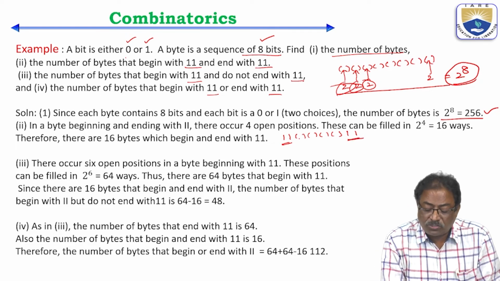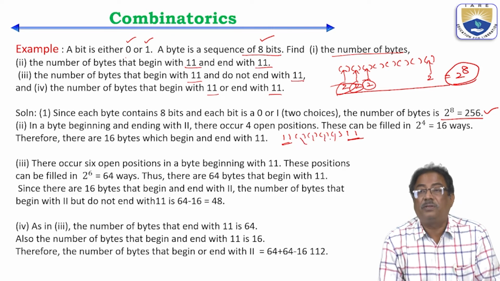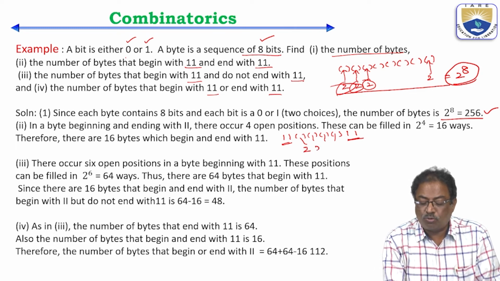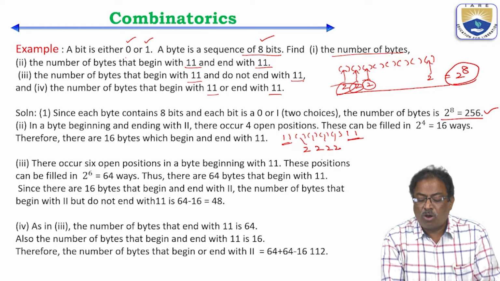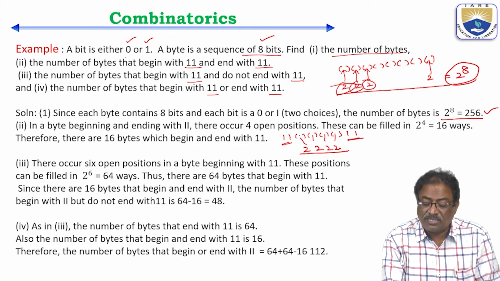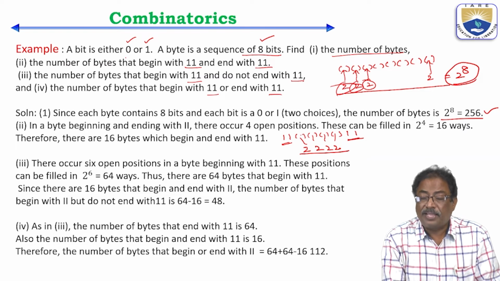So 4 positions are over, and the remaining 4 positions will be there. Each and every position is going to be occupied in 2 possible ways. So how many possible ways am I going to get?